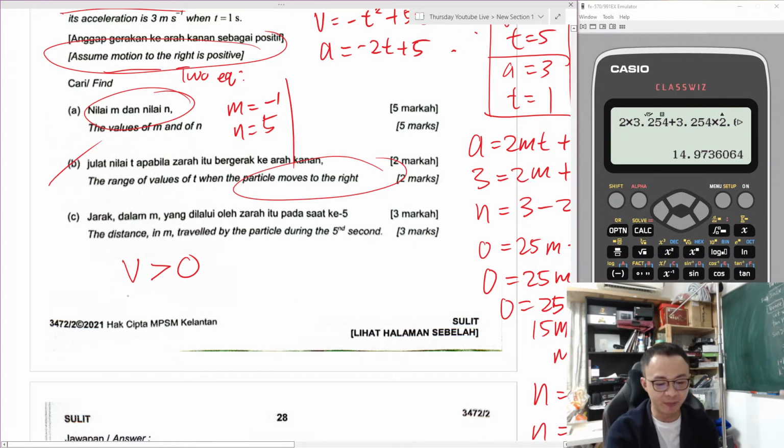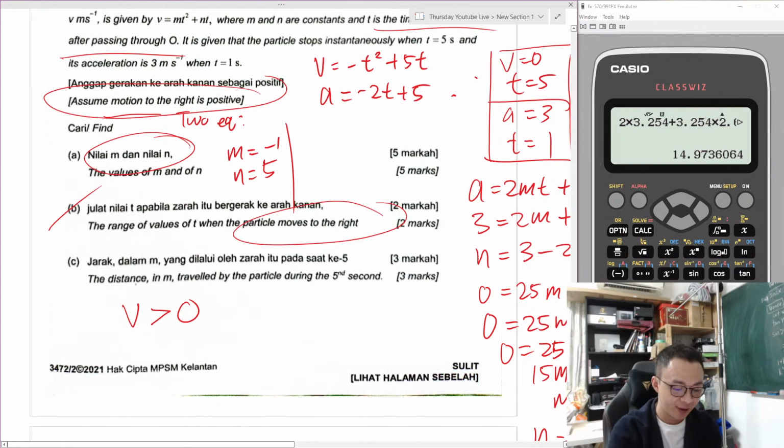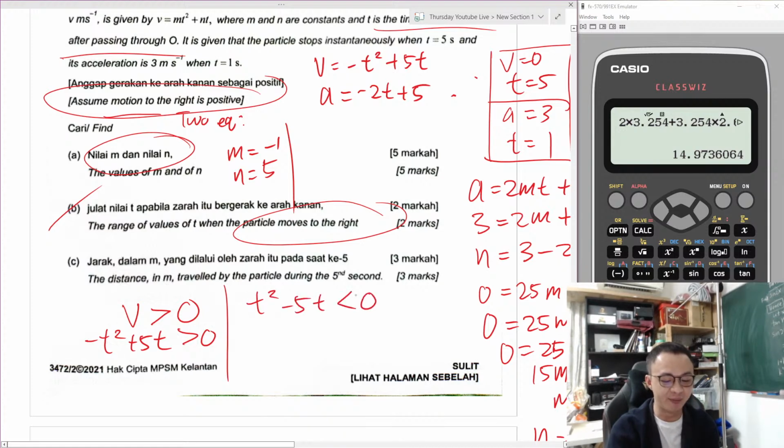Okay, so my v equation I have above there. Negative t squared plus 5t is bigger than 0. I don't like my t squared being negative, so I multiply negative on the whole equation. So t squared minus 5t less than 0. Multiplying by a negative, the sign changes from bigger than to less than.